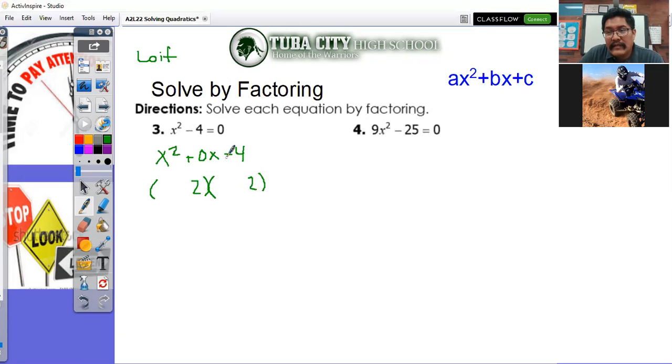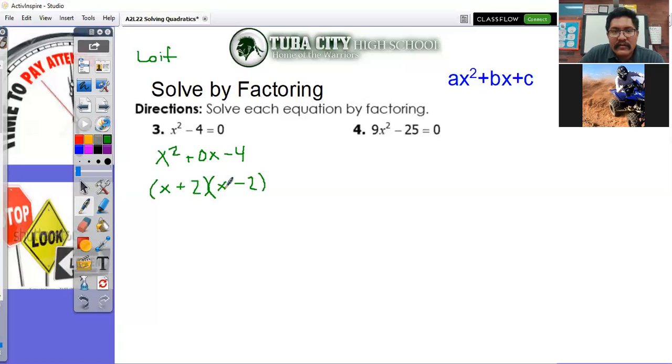But remember, the sign also has to be taken into consideration. The only way I can multiply to get -4 is if one is positive and the other is negative, because if you multiply 2 negatives, you will still get a positive. And 2 minus 2 is 0, so that takes care of our middle term.